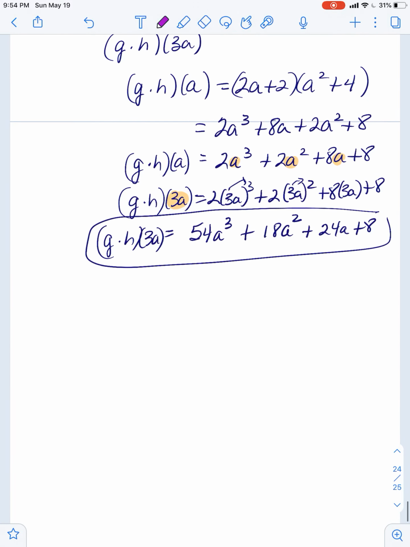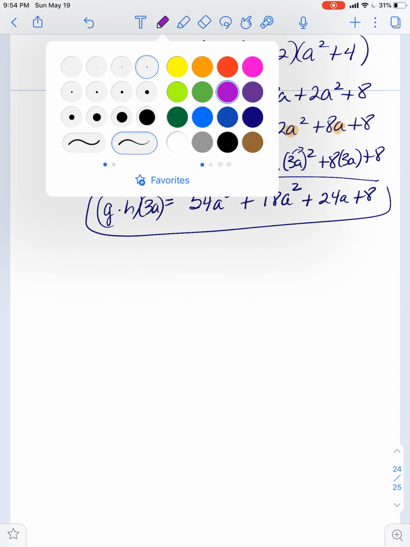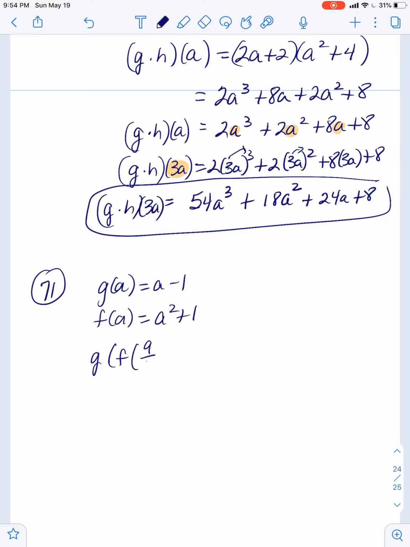Okay? And then we'll do the composite one real quick. So 71 is your composite. So g of a is a minus 1. F of a equals a squared plus 1. And so I want g of f of a over 4. Okay? And again, that's an a. Let me change it.